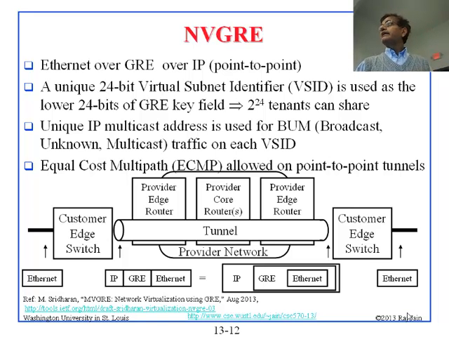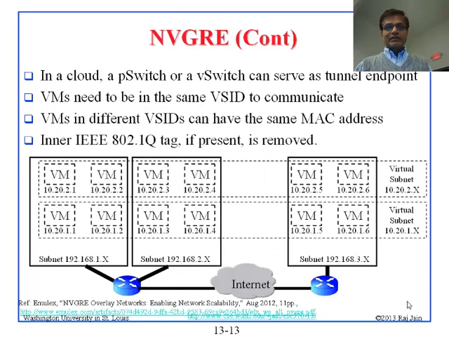All right, I think NVGRE is there. Let me just see if I can do more. Okay, so I think this one we did, so now you see clearly, I don't know whether it makes sense or not, that the tenants can have a totally different subnet numbering than the providers. This is a tenant dotted line, these are VMs dotted line, and this is a solid line, the provider physical network.